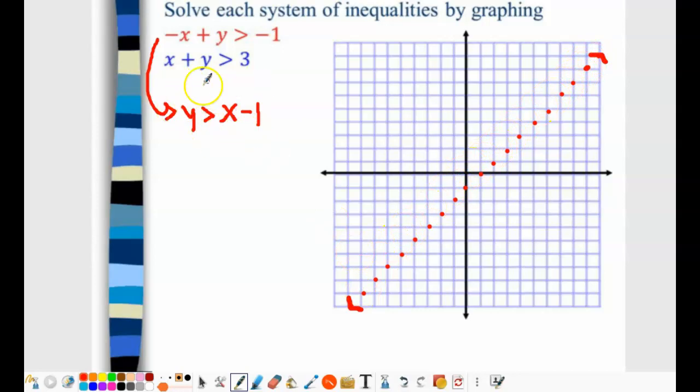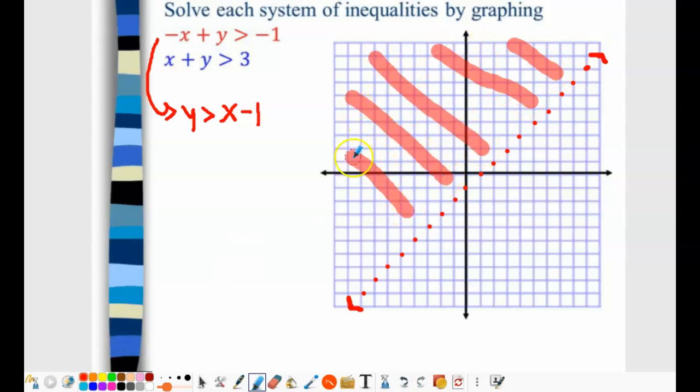If the y values are greater, I am going to shade above. So what I like to do is after I graph the first equation, I lightly shade, or I just put some slashes so that I know where the shading is for the first line.